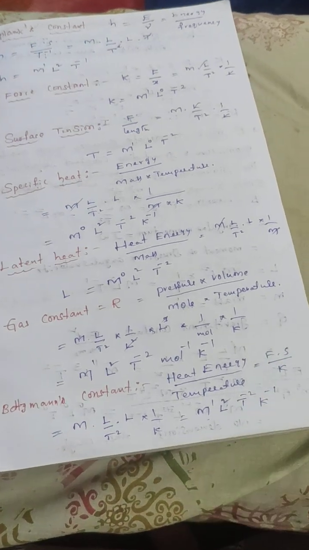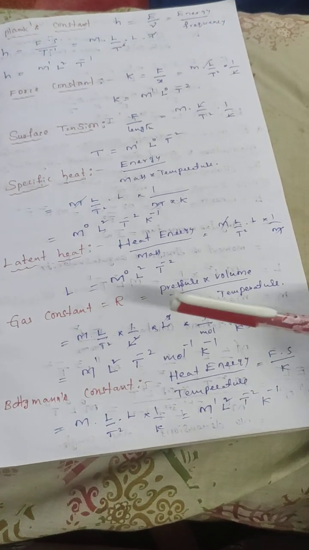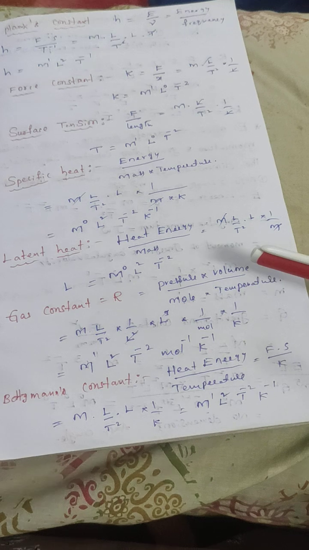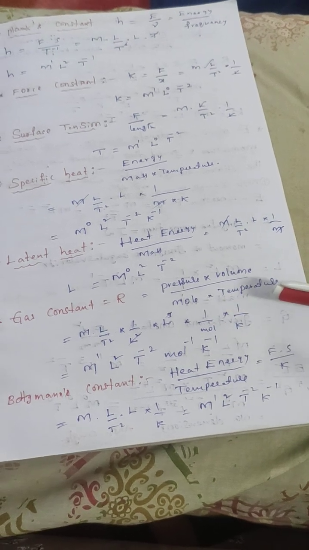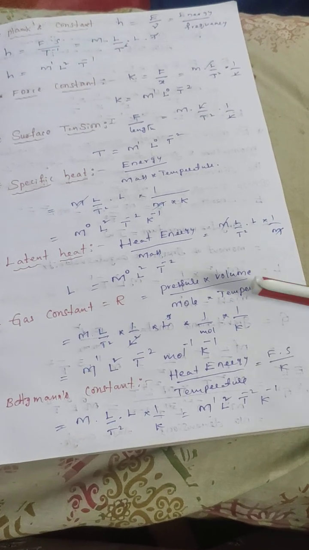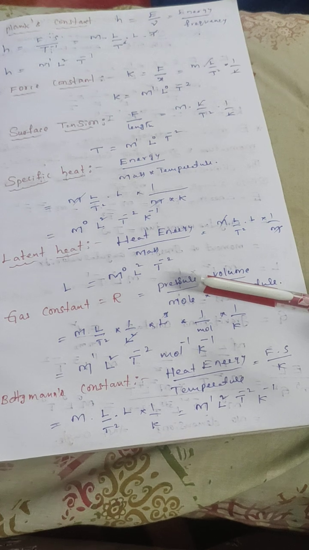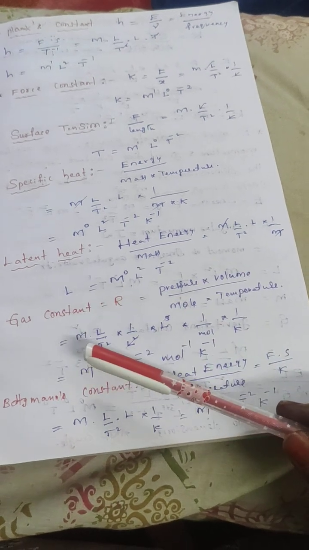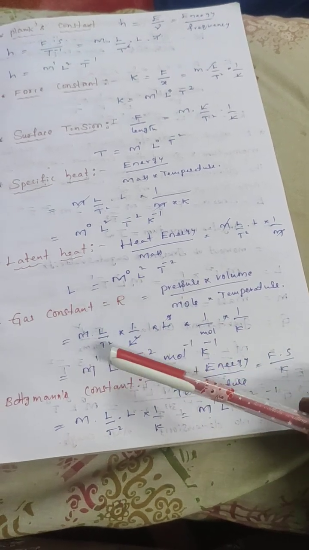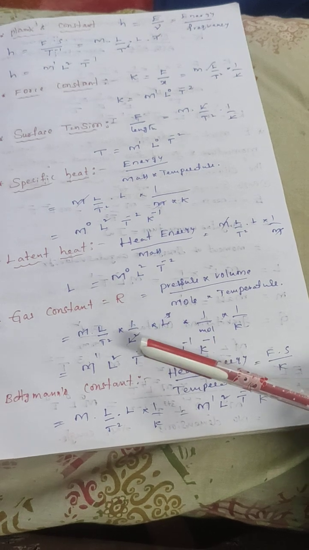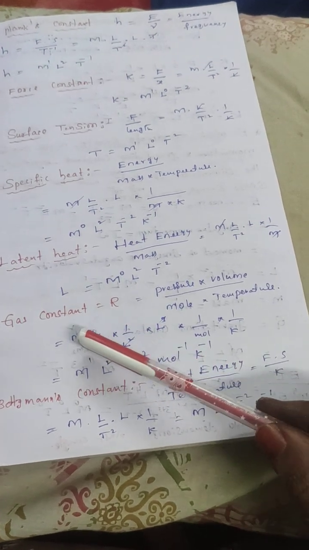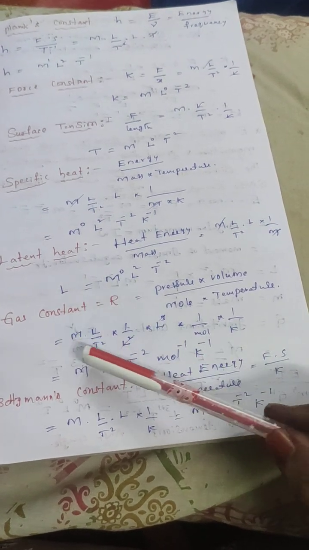Next, gas constant. Universal gas constant R, pressure into volume by mole into temperature. Now pressure is F by A. F is force m into acceleration L by t square. A is L square. This is the pressure. Pressure is equals to force per unit area.